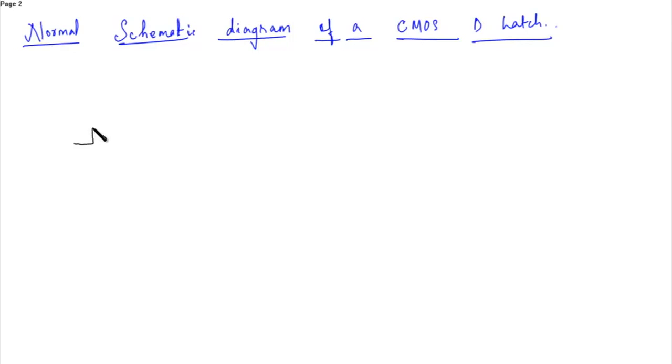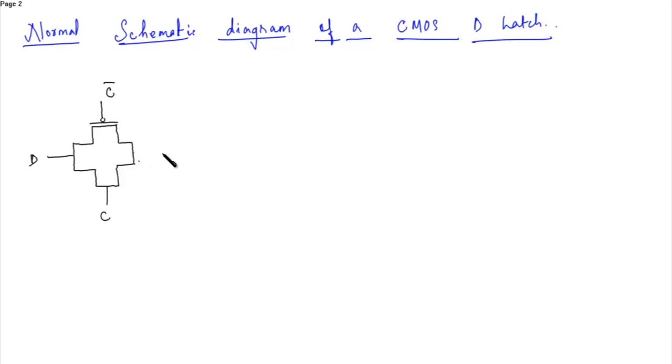Suppose this is transmission gate 1, this is C and this is C bar, input D, this is the output.